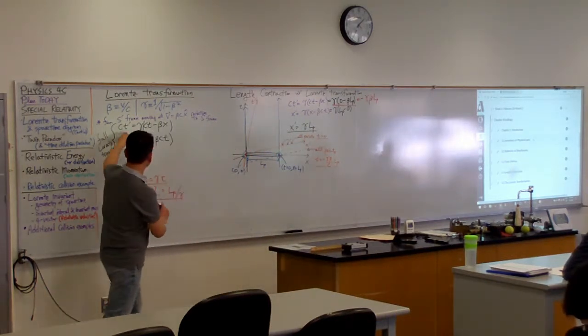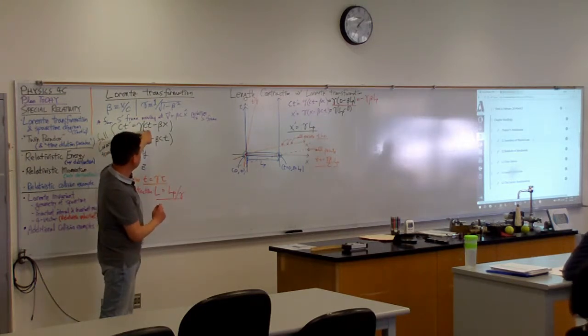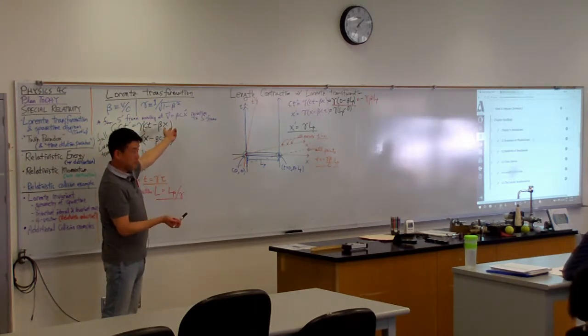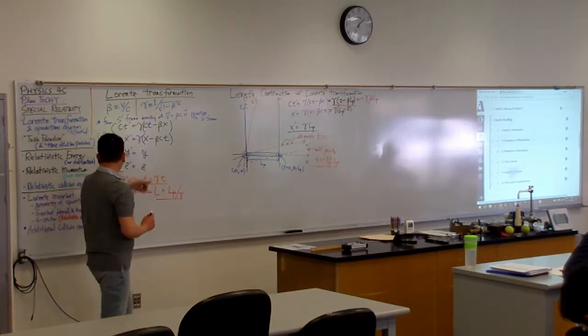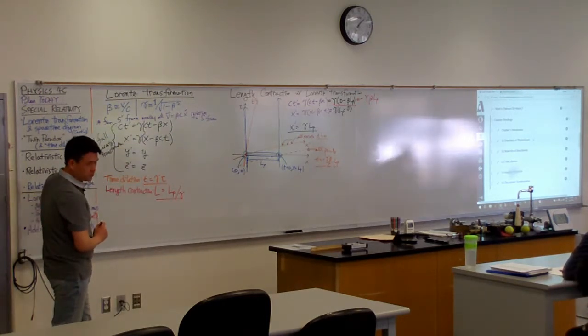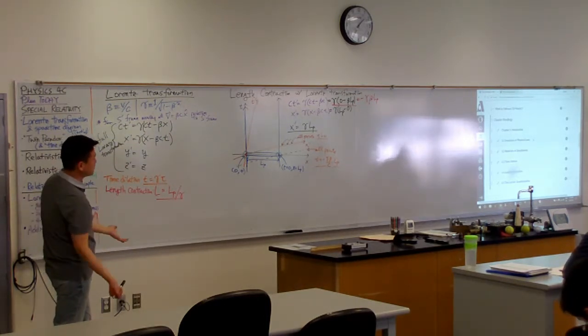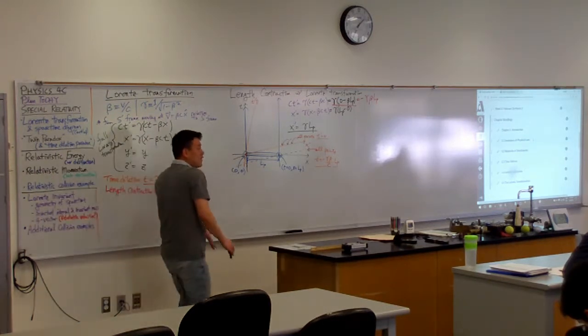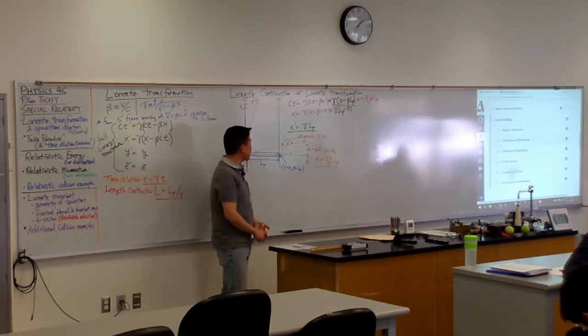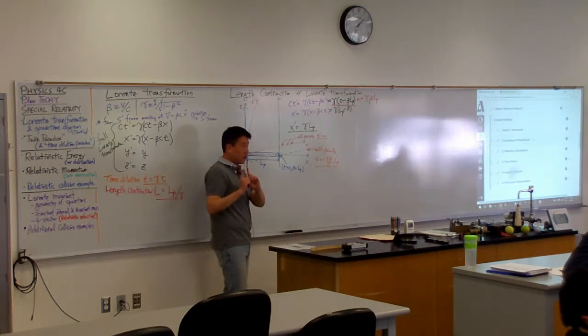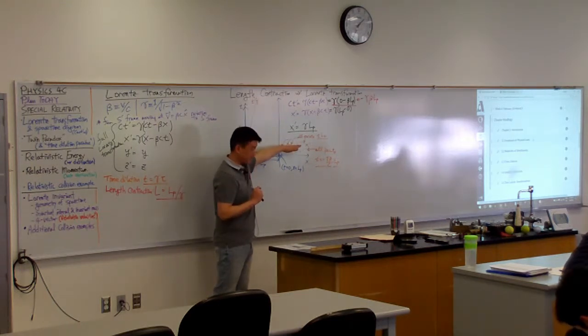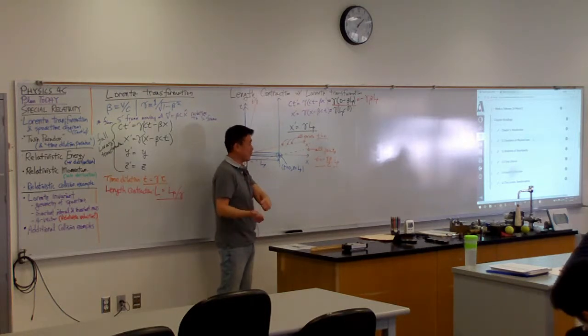So plug in t prime equals 0 and see what equation describes it. But we'll get to more of this when we talk about the geometry of space-time. There's a deeper reason behind it that I don't want to get hung up on right now. At the moment, if you understand that these are the correct axes for x prime and t prime, that's all I want to have so far.